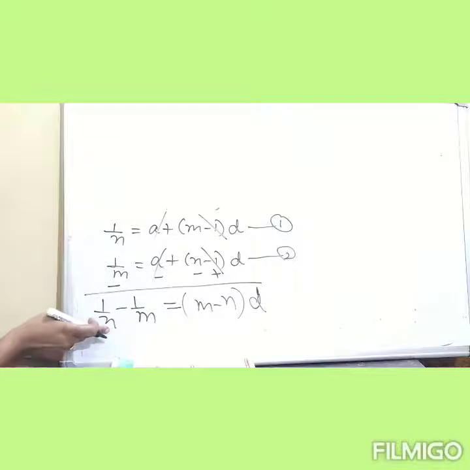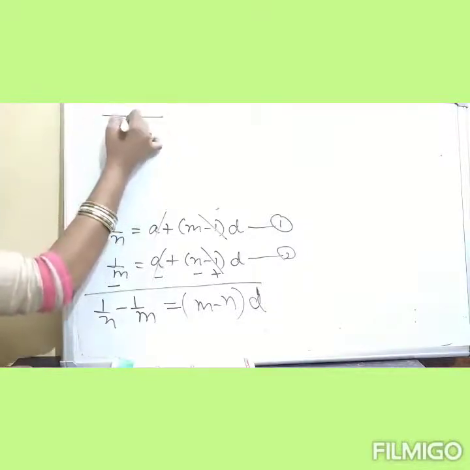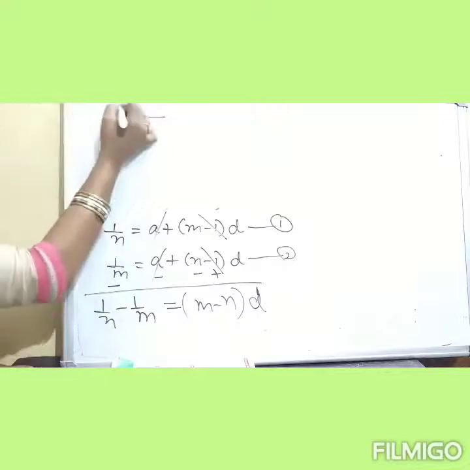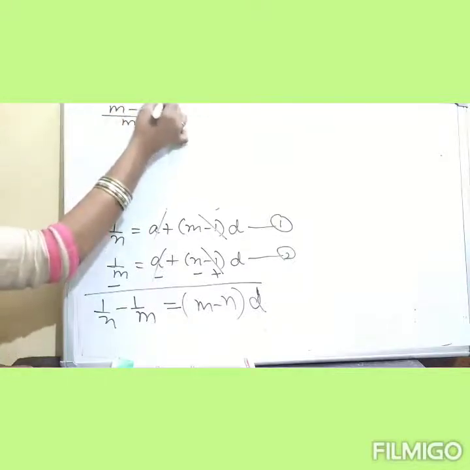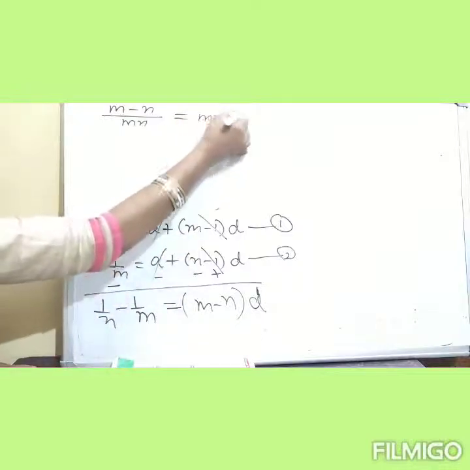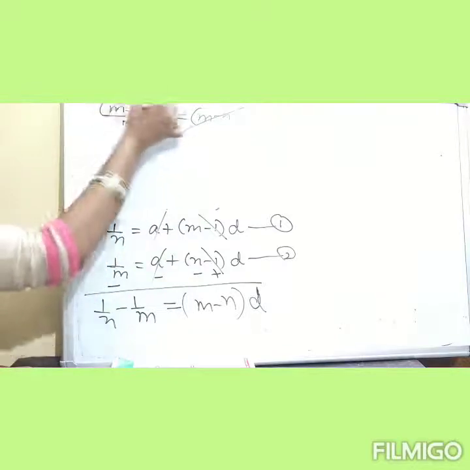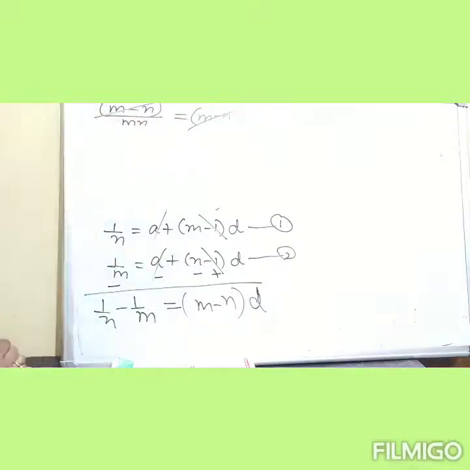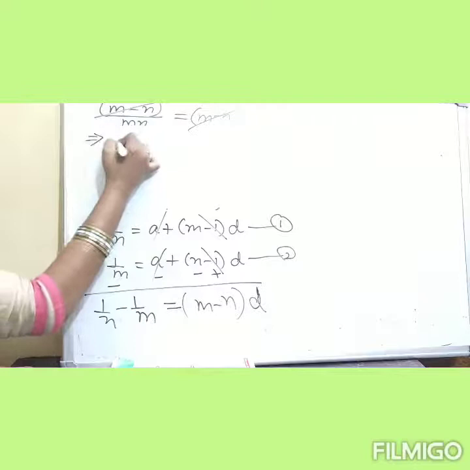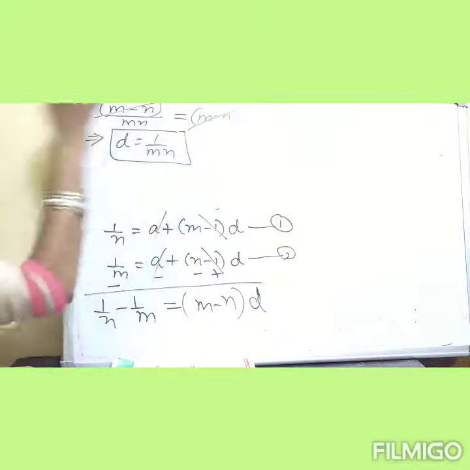So we'll take the LCM here, mn will be the LCM, and (m minus n) by mn equals (m minus n) into d. This will cancel out on both sides, m minus n and m minus n, and this implies d equals 1 by mn. We have the value of d now.